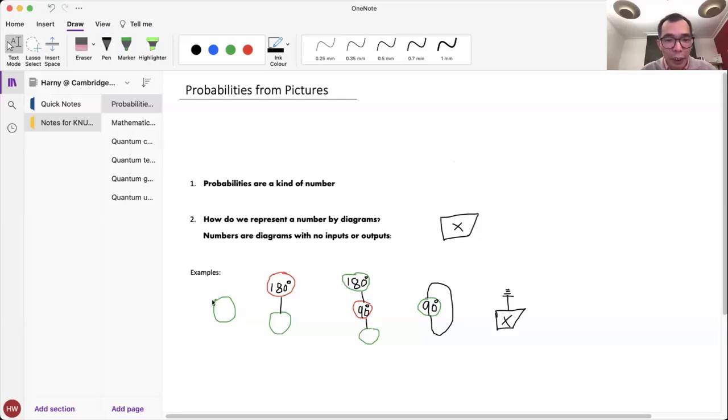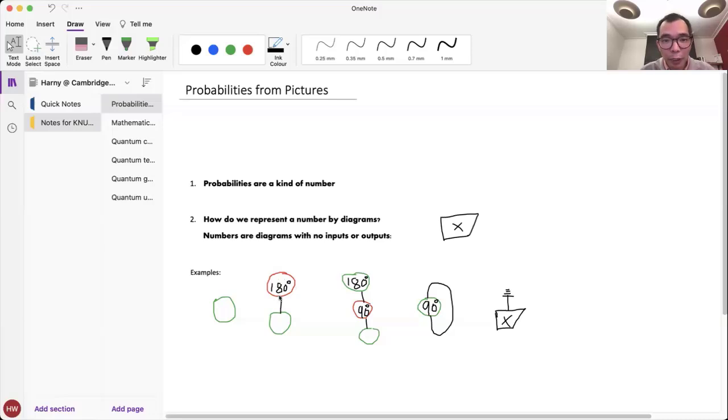Like this green node, which is a phase 0 spider, a special spider. Here you can see there are no legs, so no input, no output. Also this one: there's a green one with phase, and a 180 degree phase, which is red.